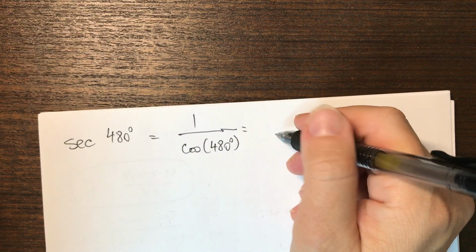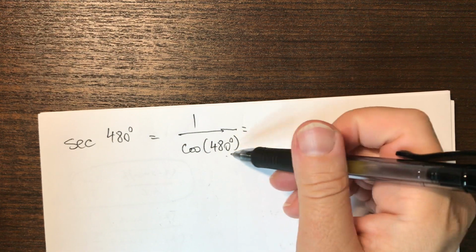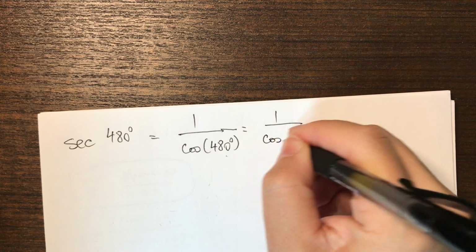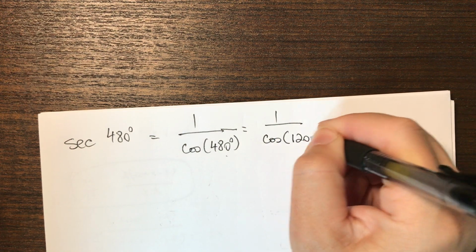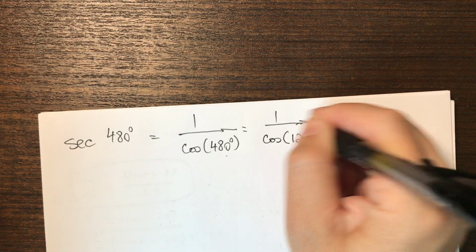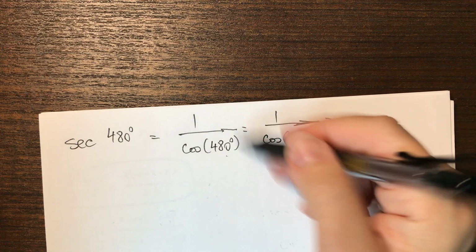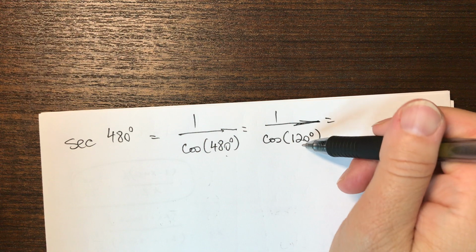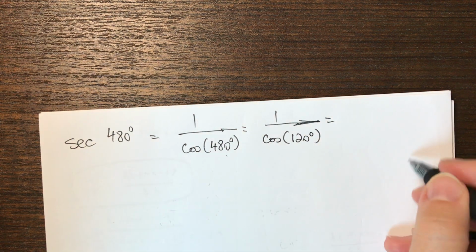And now back in 5.2, 480 degrees is past the first time around the circle. So I'm going to use coterminal angles and bring it back down. So minus 360 degrees gets us back to 120, the first time around the circle. So where is 120?